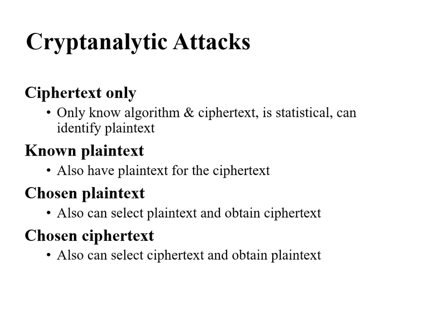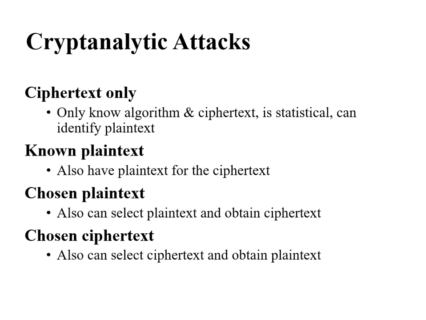Second is the known plain text attack, which also has a plain text for the ciphertext, in which the analyst may have access to some or all of the plain text of the ciphertext.